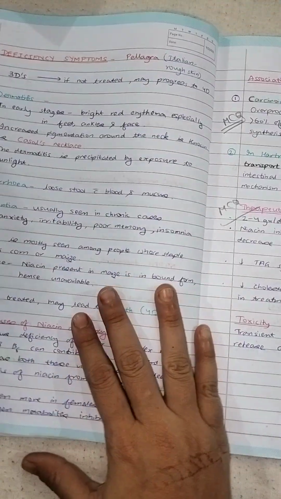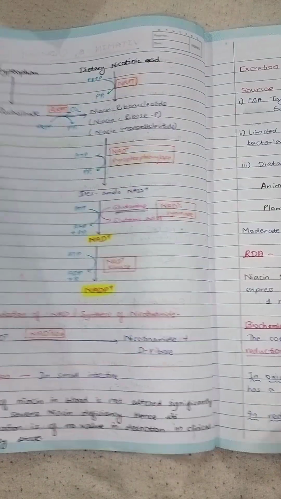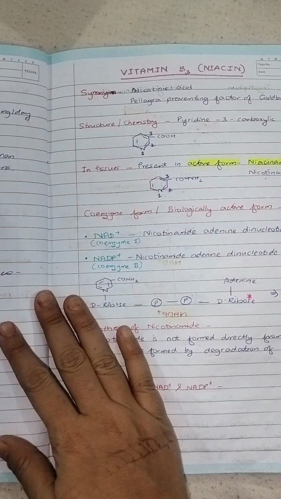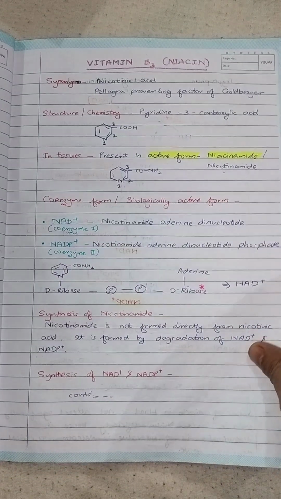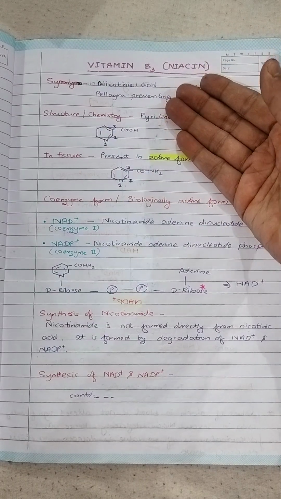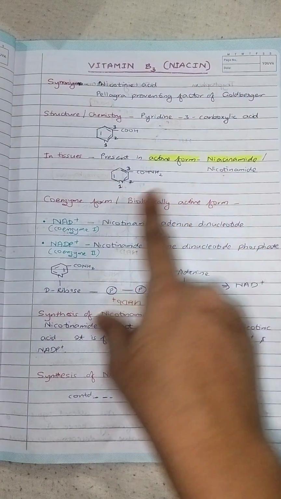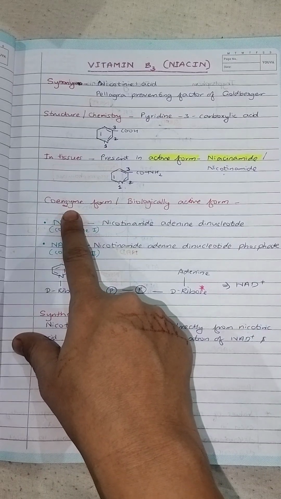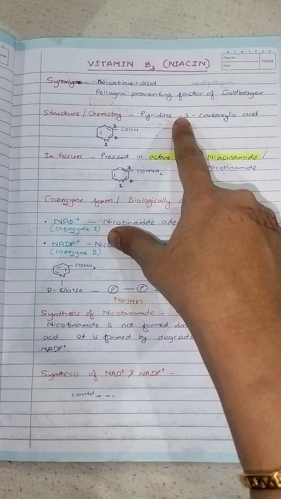So this is all about our vitamin niacin or vitamin B3. I will just go through it very fast. We have read about synonyms, structure, present in active form niacinamide or nicotinamide, but the functional form is the coenzyme form or biologically active form. So three forms are there.